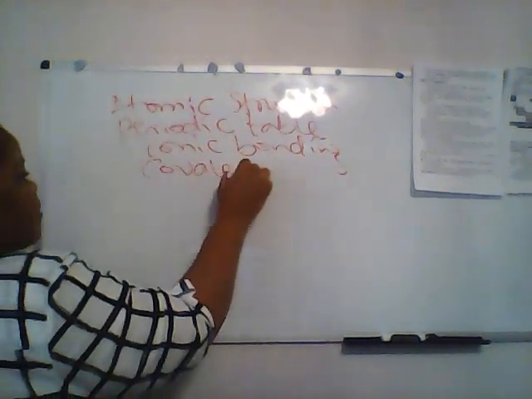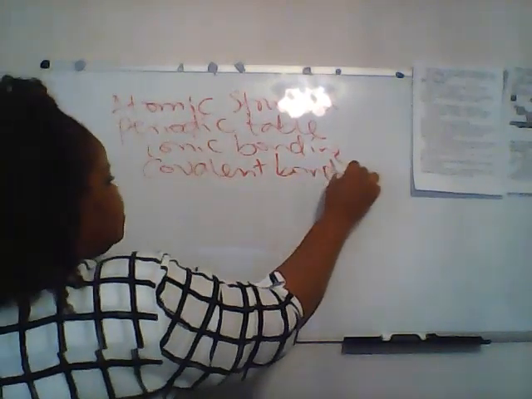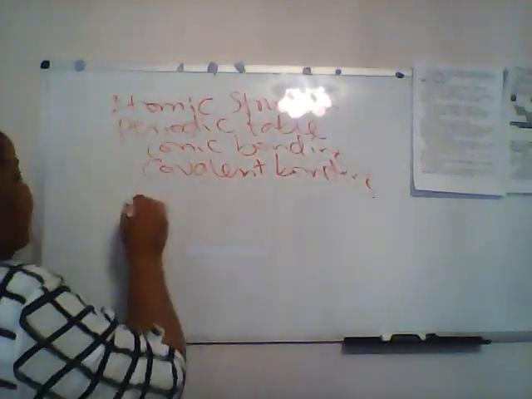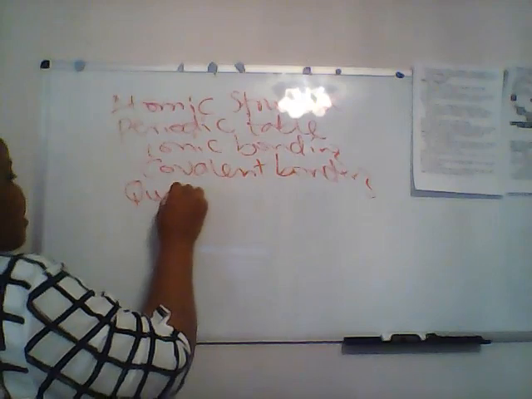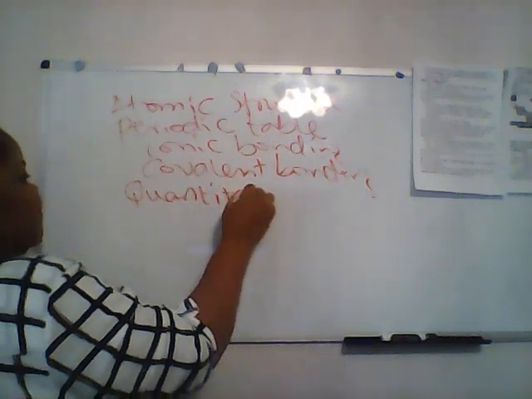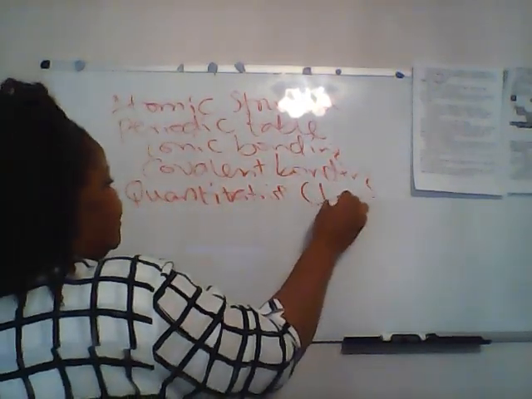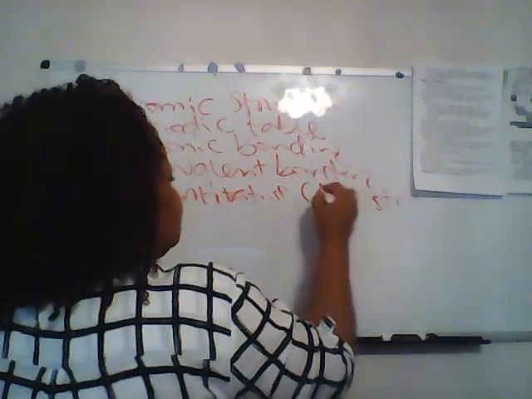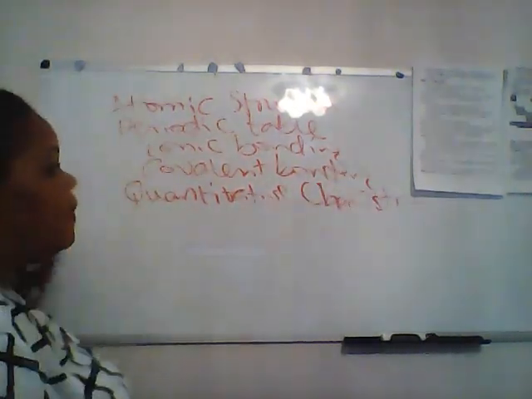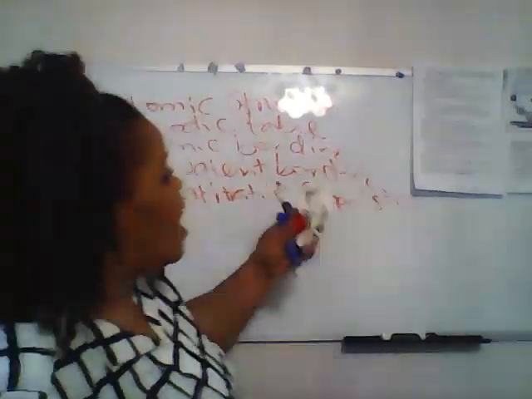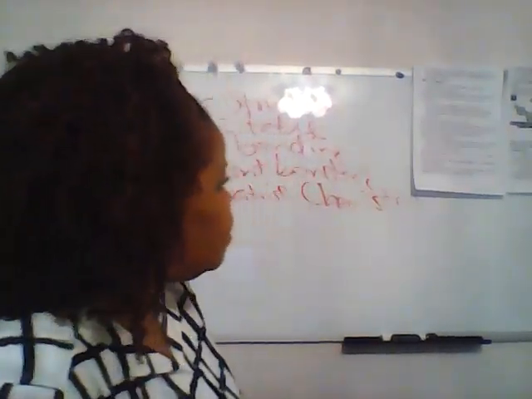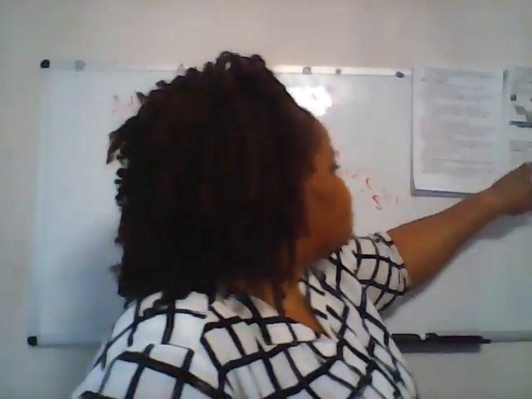For covalent bonding, you need to remember the characteristics of these structures, and then quantitative chemistry. These are the C1 topics that could be on your paper as well. I've explained all of those, and I'm going to go on to another question.